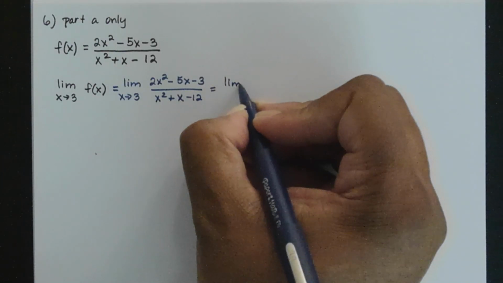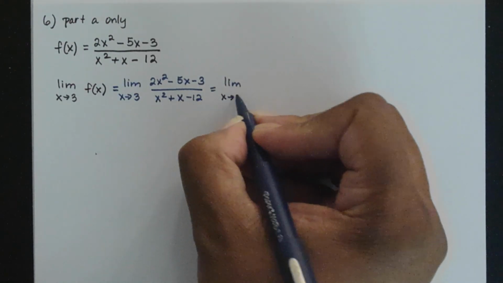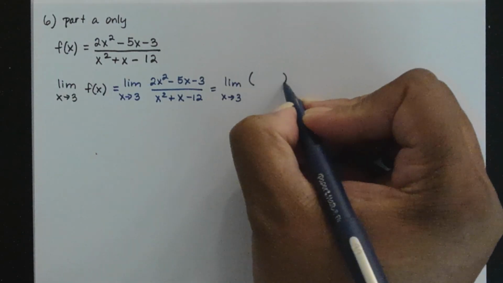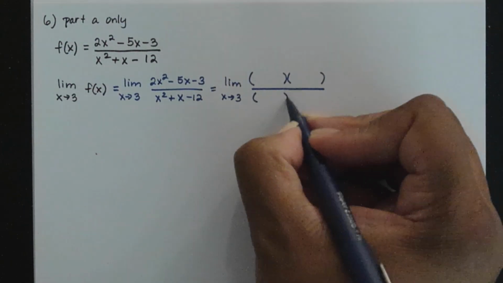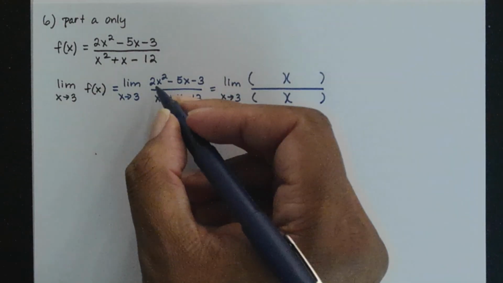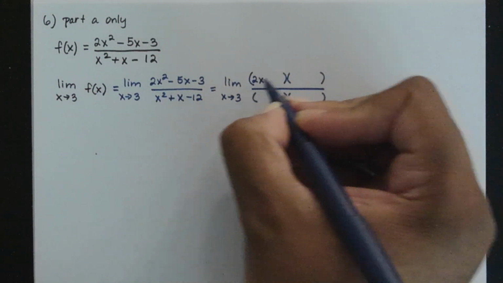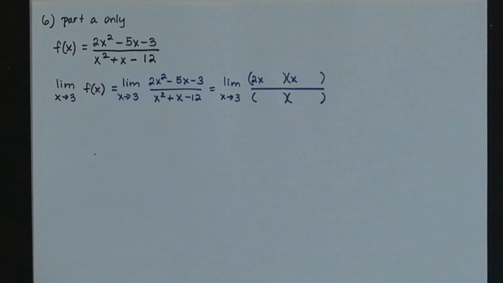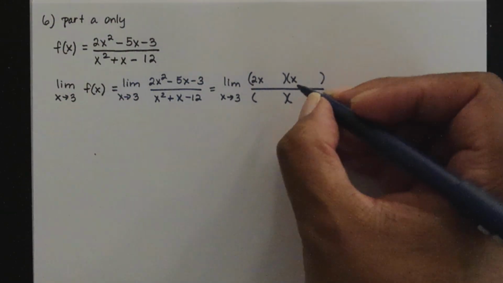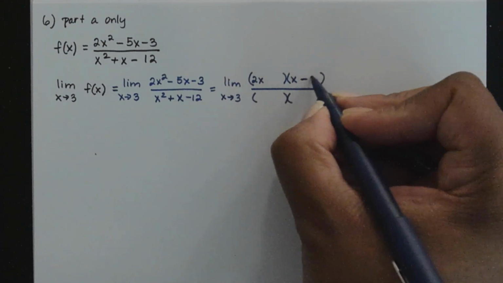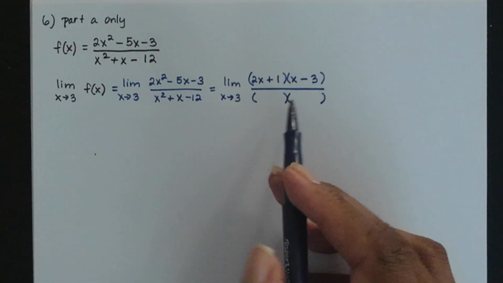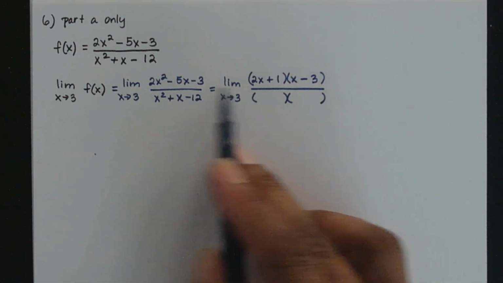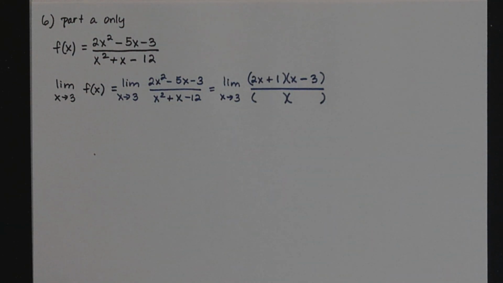So I'm going to bring over the limit as x approaches 3. Let's see if we can factor this numerator. 2x squared breaks up as 2x and x. And I need factors of negative 3 that would give me negative 5x. Well, let's do this. If I put that minus 3 next to that x and the plus 1 next to the 2x, then 1x and a minus 6x will give me the minus 5x.